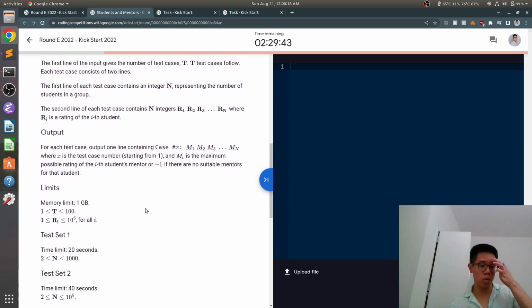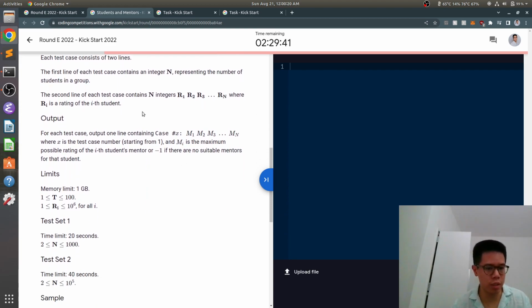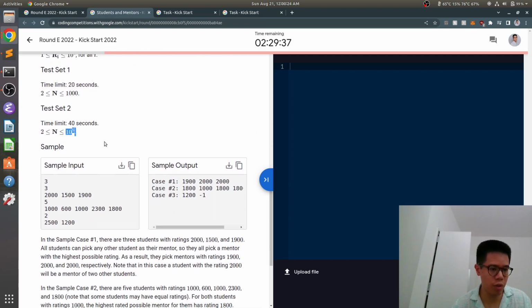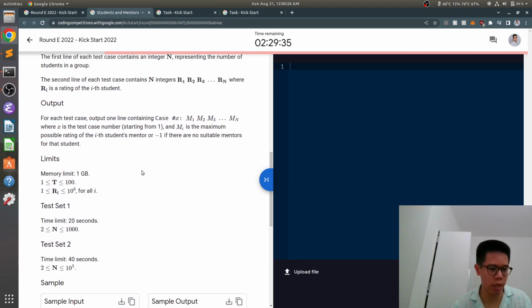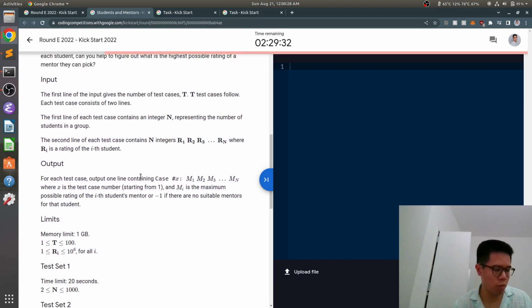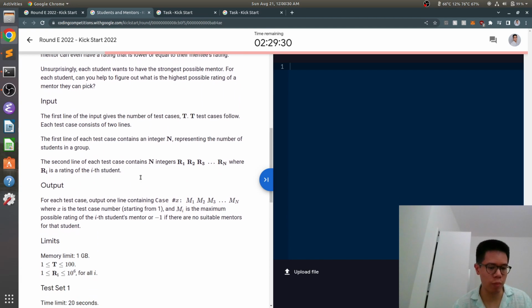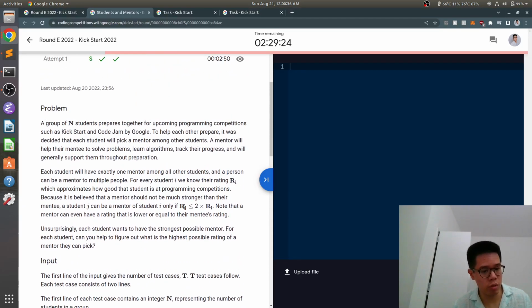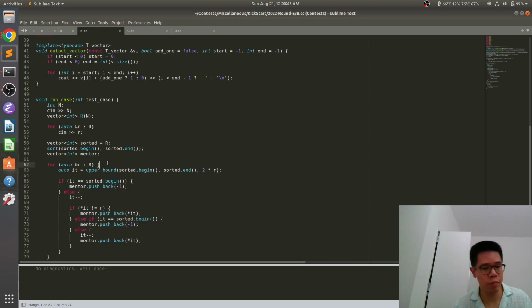Okay, so the thing to watch out for here is that n is going to be up to 10 to the 5th. So we cannot do anything quadratic. We cannot loop over all pairs and check all of them. We need to do something more efficient. So in this case, we're using binary search here because we can binary search for double their rating and find the biggest number that does not exceed that.